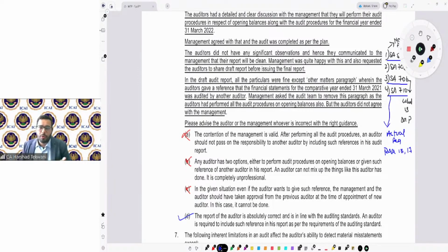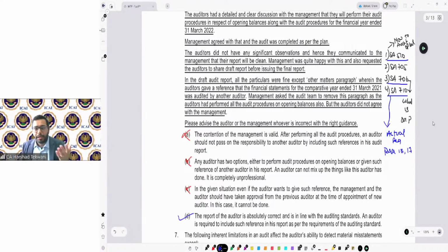There, you might quote 510 and 706, but the relevant provision is lying in 710. This is like, for example, wanting to quote appointment of the auditor under section 139, but instead of 139, I quote 143.